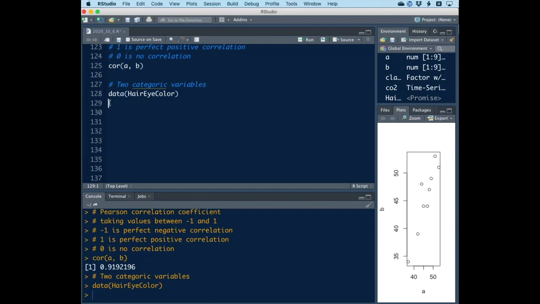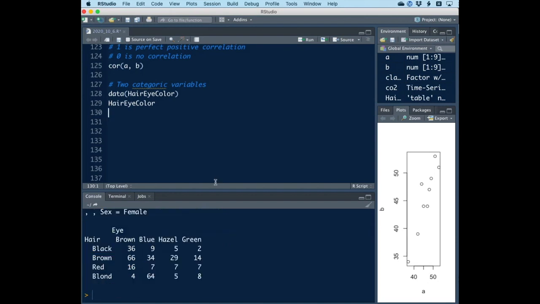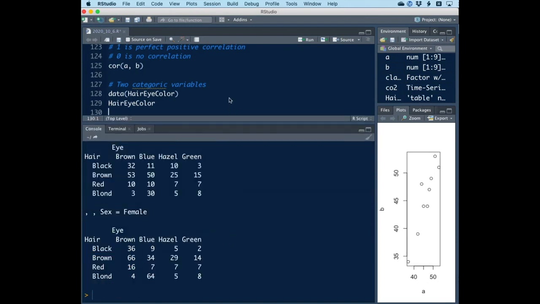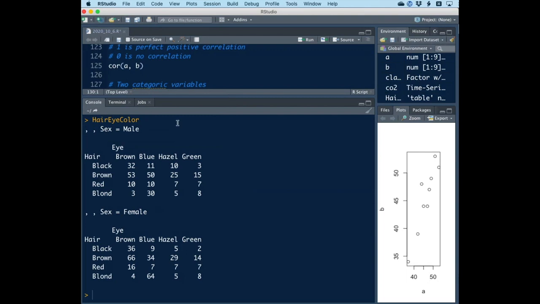If I go in hair eye color and look at the data set, we find that this data set is composed of two tables. So this would be an array with three indices, right?